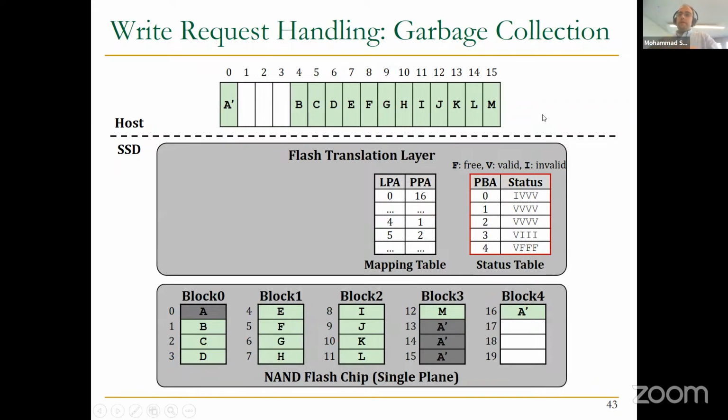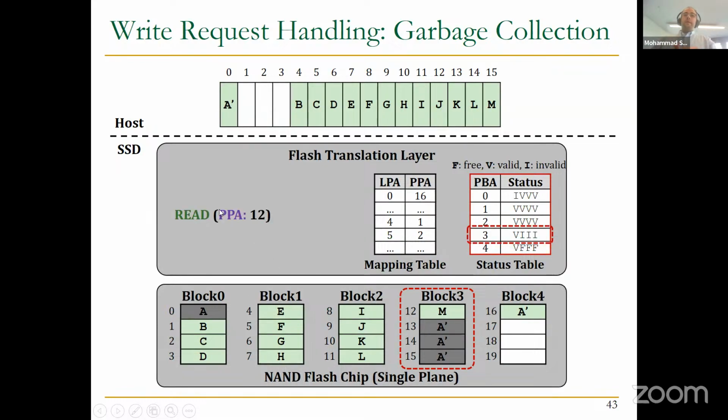By checking this status table, you will see that block 3 has the highest number of invalid pages, so it's going to be selected as your victim block. There is only one valid page here, which is M. So you need to copy M to your write point, which is block 4.